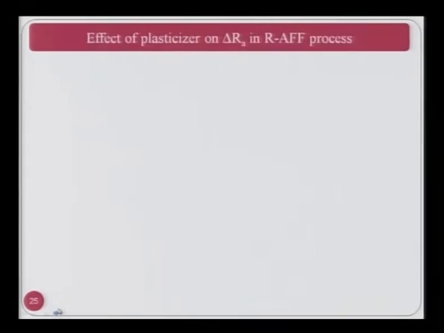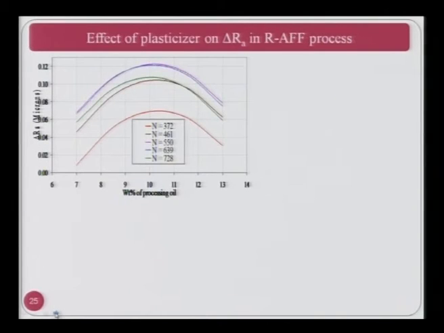Now, let us discuss the effect of plasticizer on change in surface roughness value, that is delta Ra, in rotary abrasive flow finishing process. As you will see here on the abscissa, weight percent of processing oil, that is plasticizer, is given, and on the ordinate you have the change in Ra value in terms of micron.